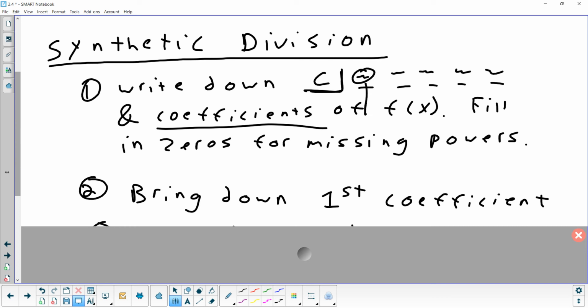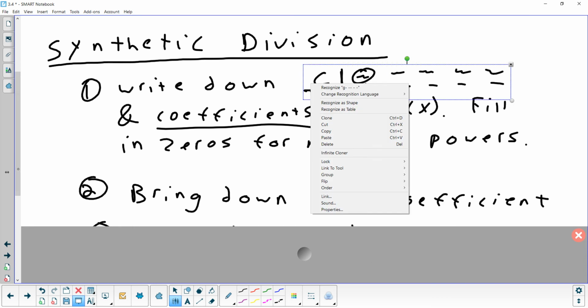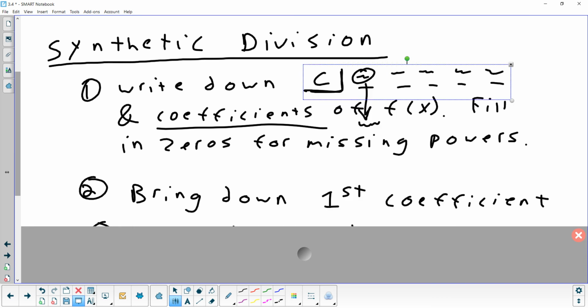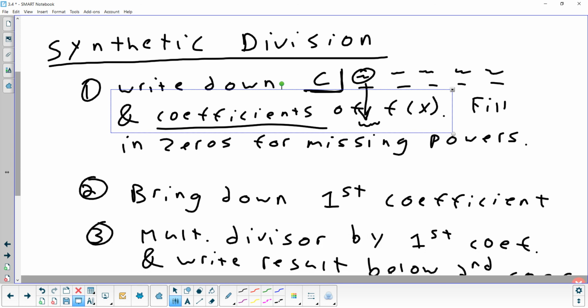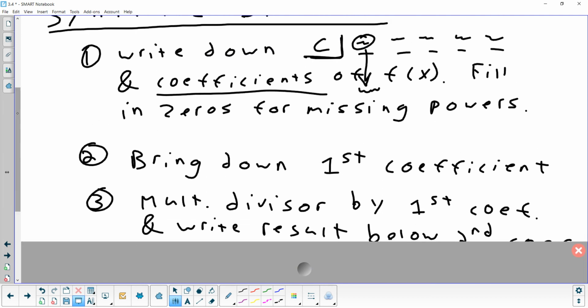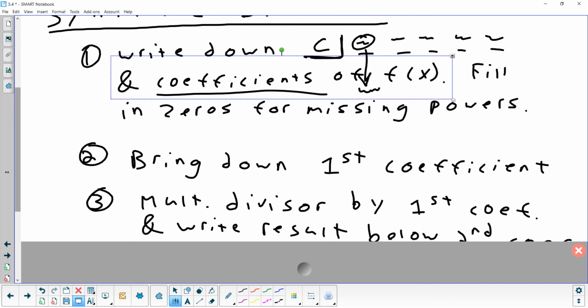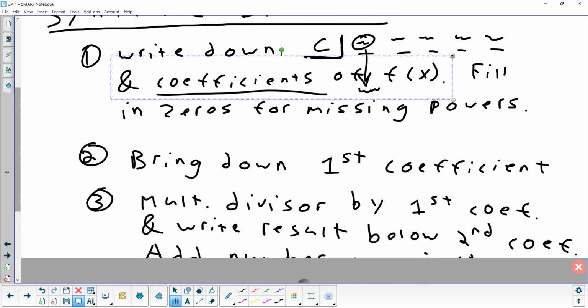So once we take that and bring it down, we're going to have something written right there. We're going to take the number that we just brought down, multiply it by what's on the outside, and put the answer in the second column. So multiply your divisor by the coefficient you just brought down and put the answer in the second column.